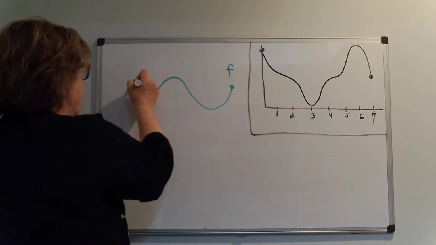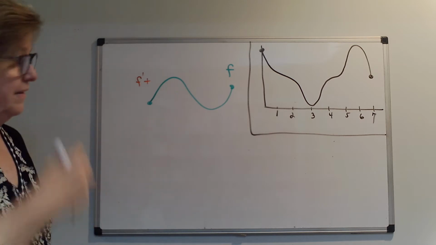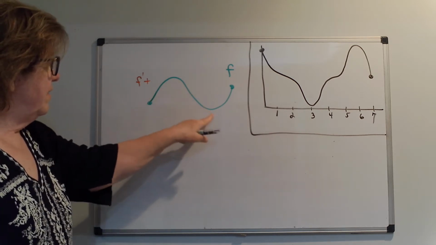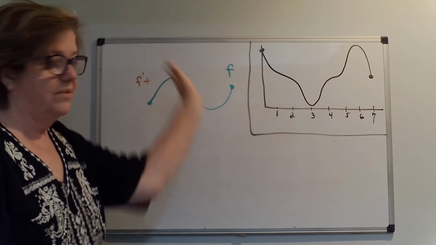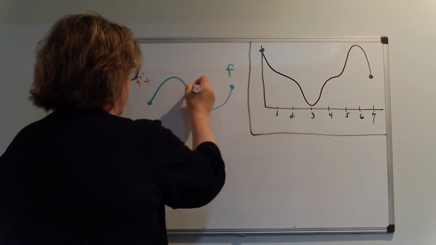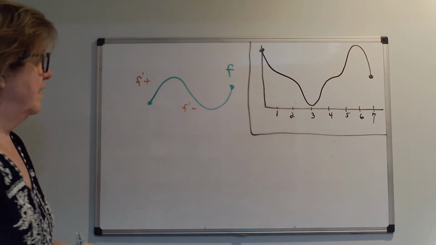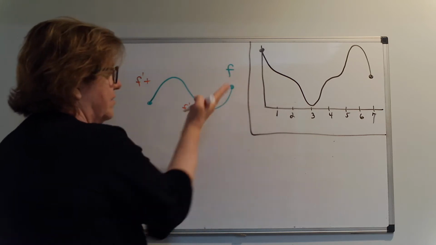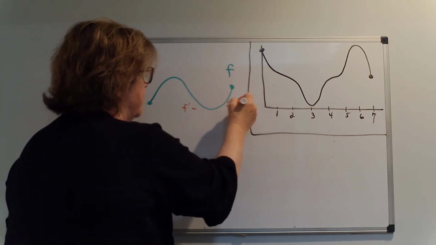So the first derivative is positive over here. Over here, all the tangent lines would be negatively sloped. So here, the derivative is negative. Here again, the tangent lines are positively sloped, so the derivative would be positive.